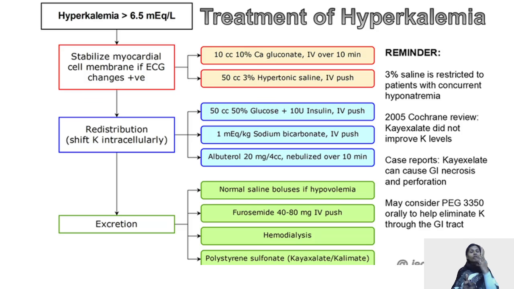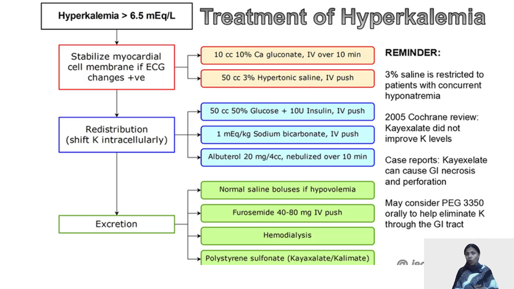Then nebulization using albuterol or salbutamol has also been seen successful in the treatment of hyperkalemia. Lastly, we can increase the excretion of the potassium from the body by giving Lasix or normal saline, or we can go for, if there is a life-threatening hyperkalemia, then hemodialysis also plays a role.